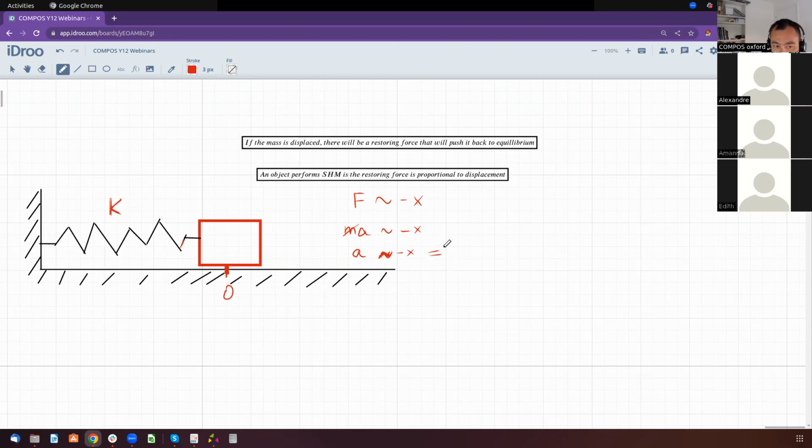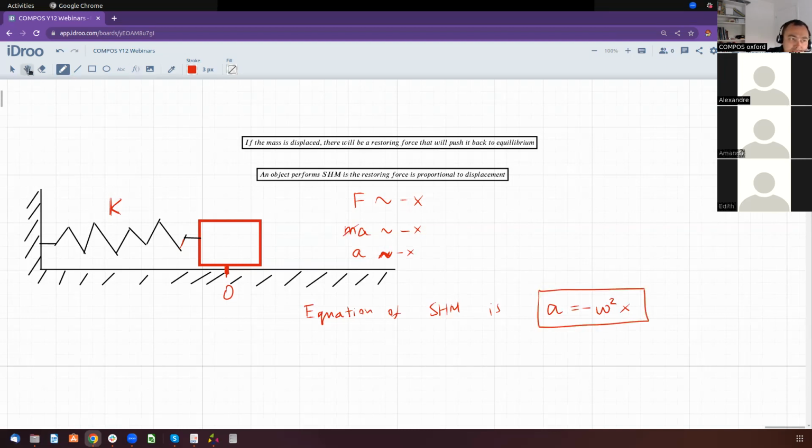So the equation of simple harmonic motion is acceleration equals minus omega squared x, where omega is a constant.